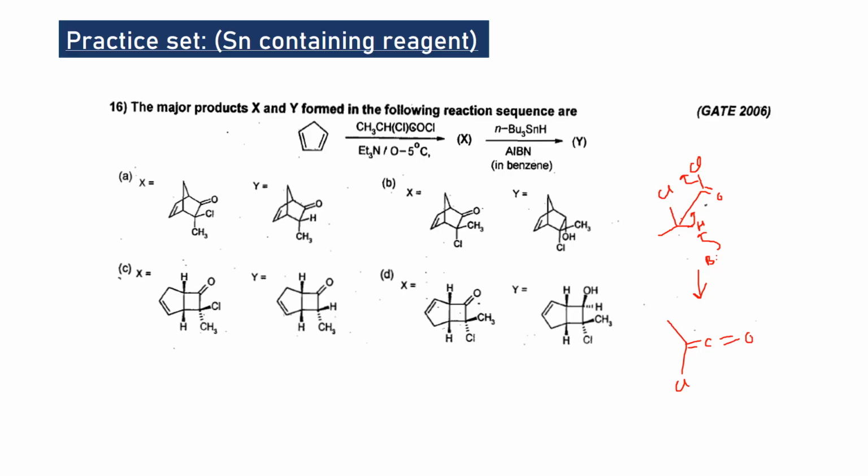Now we know ketene also acts as a dienophile when a diene is provided. So here there is a diene and this can act as a dienophile, leading to a Diels-Alder reaction.